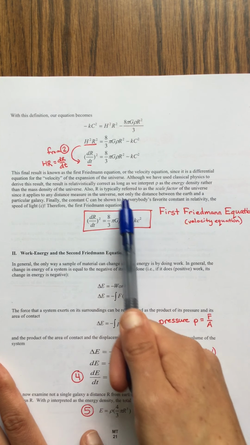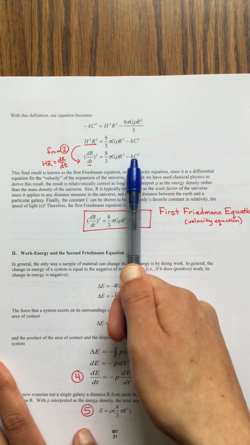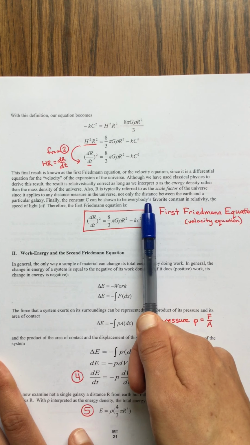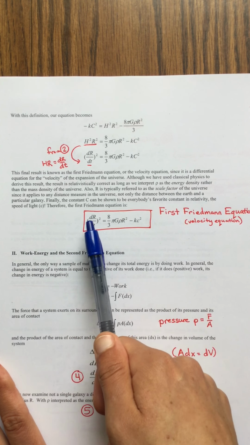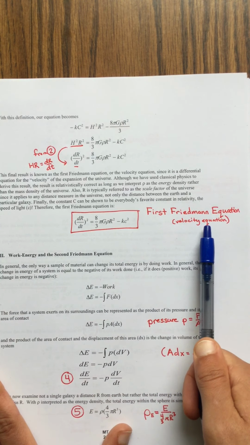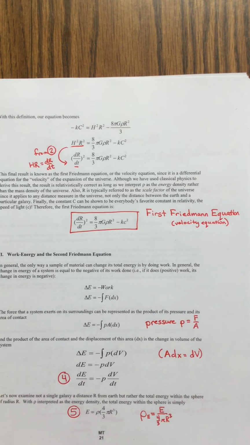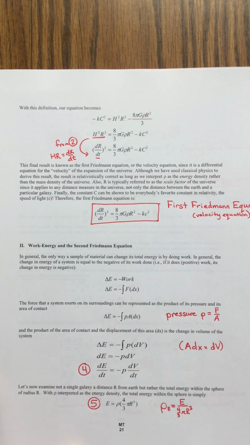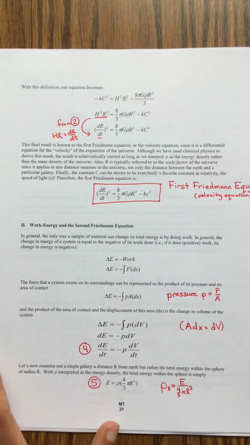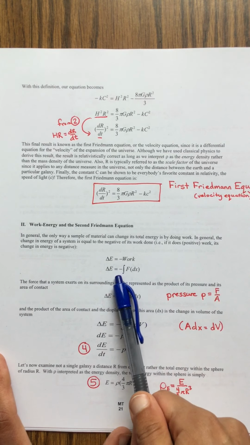And our constant c here turns out to be everybody's favorite constant in relativity, the speed of light, little c. And so we get this equation, which is the first Friedmann equation, or the velocity equation, and then we move on to part 2.